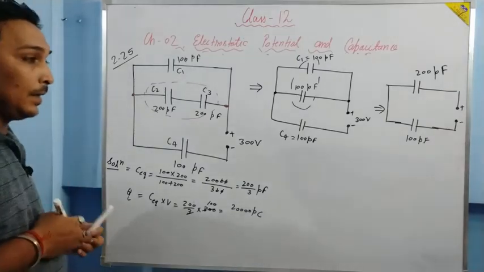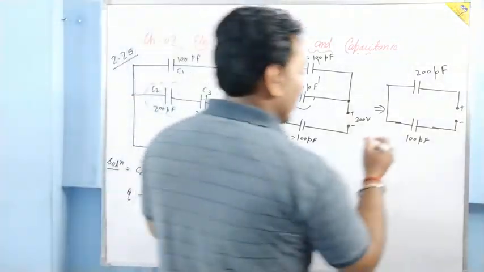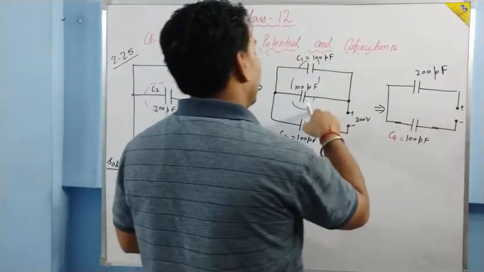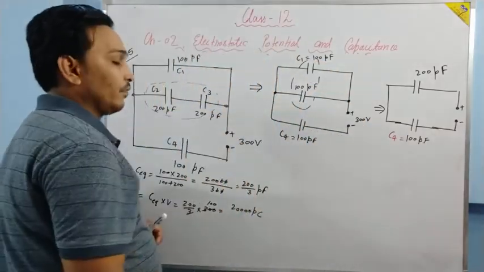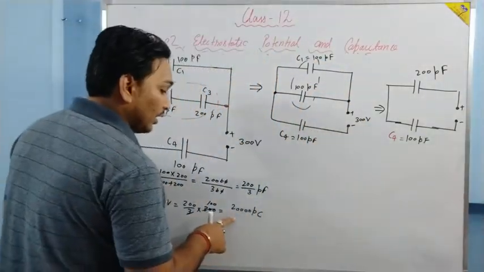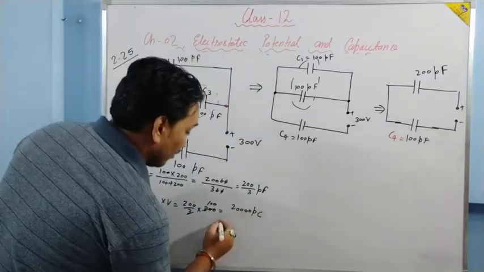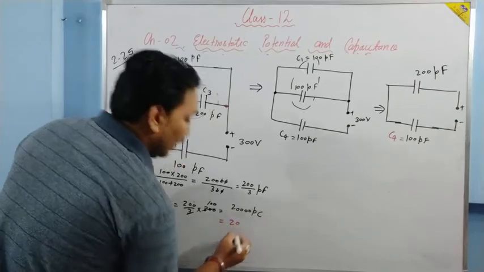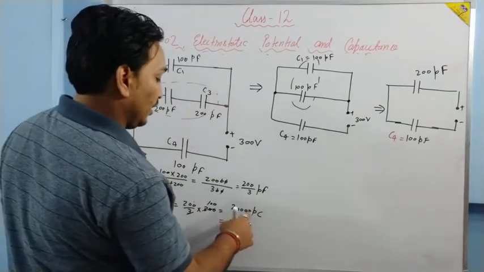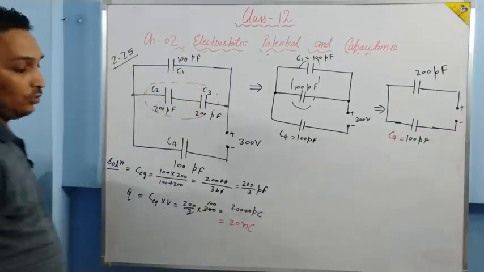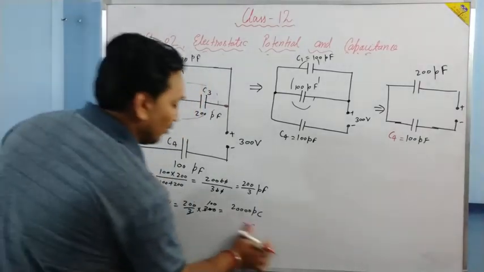Okay? Just see, this is your capacitor number 4. This is the combination of these two. Now 20,000 picocoulomb, or we can write 20 nanocoulomb, or let it be 20,000.